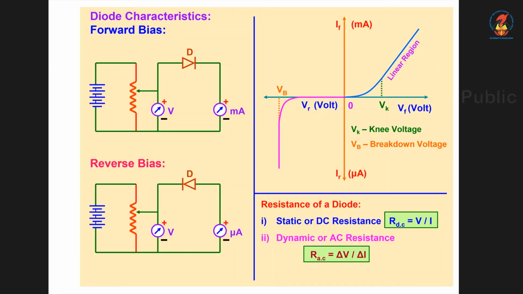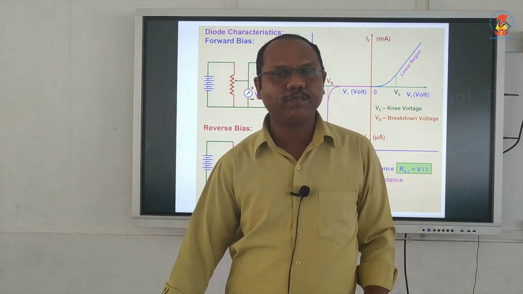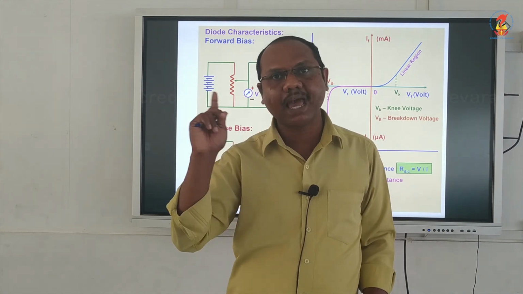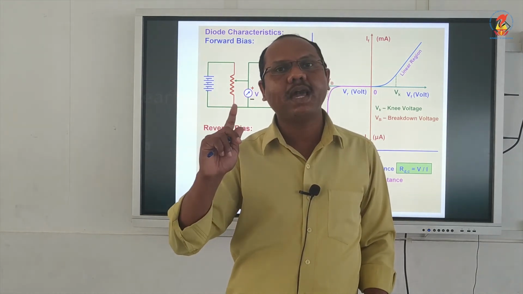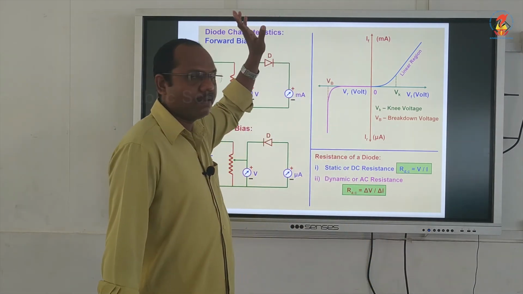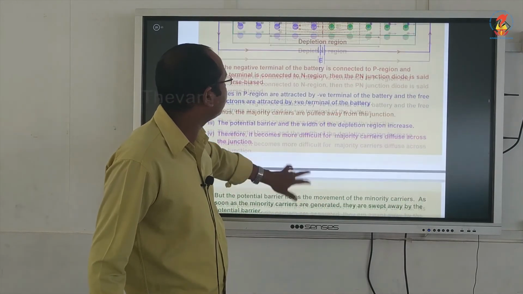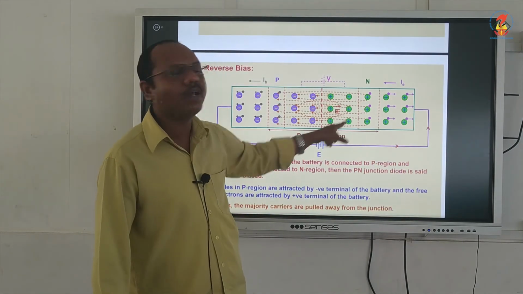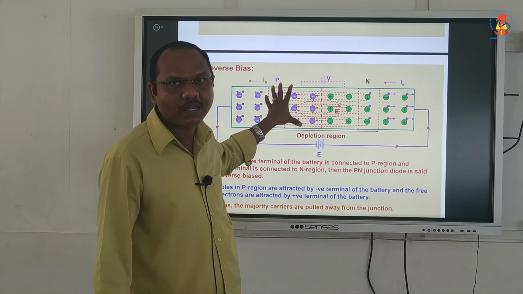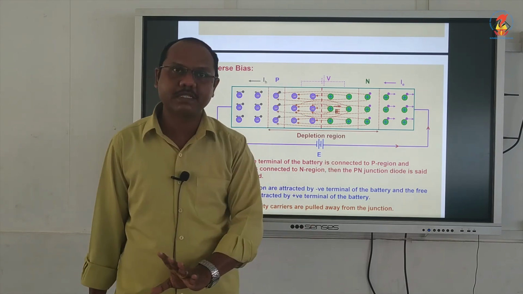So if they ask you to draw the circuit diagram when the diode is forward bias and reverse bias, you don't have to draw the diagram which I have shown in the beginning. That diagram is only for explanation purposes.